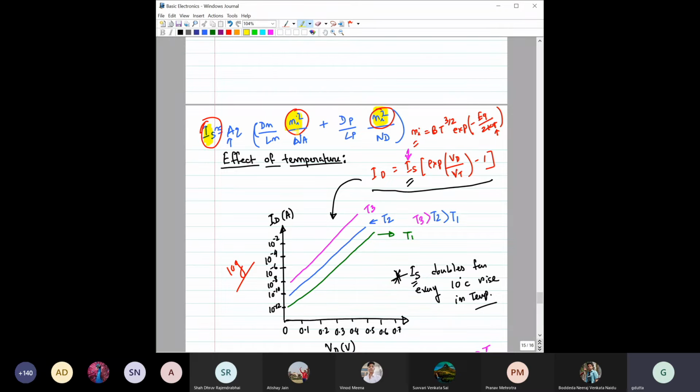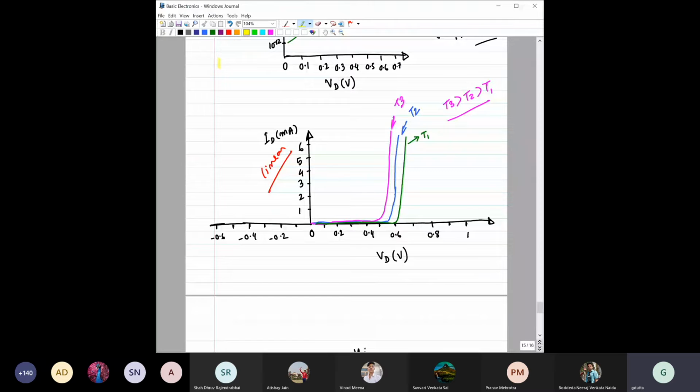For example, if we move from silicon to germanium, which has a lower band gap, then its Ni is also higher, and higher Ni means higher would be the value of Is. Higher Is means higher would be the leakage current, right?